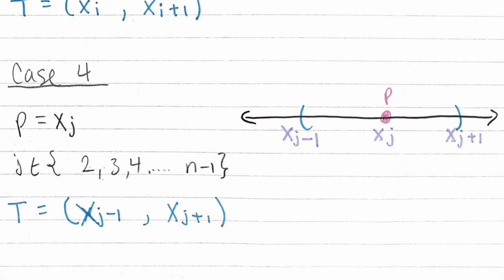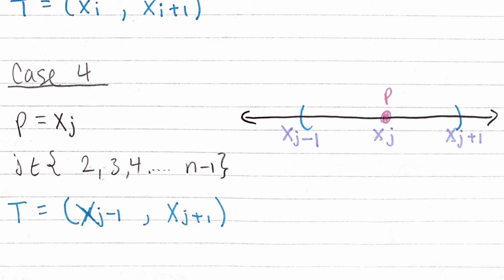So we are now looking at case 4, and case 4 is basically when our P is greater than or equal to X sub 2 or less than or equal to X sub n minus 1. So basically this just means that J is between 2 and n minus 1.